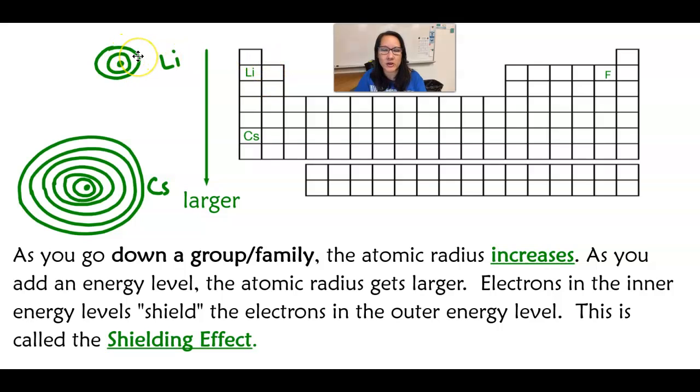Energy level 1, energy level 2. Then you look at cesium, which is on row 6, and it's got 6 energy levels. 1, 2, 3, 4, 5, 6. And so clearly it's a much larger atom because it has more energy levels. And the more energy levels you have, the more shielding is occurring for electrons at the outer energy level. And it's known as the shielding effect.